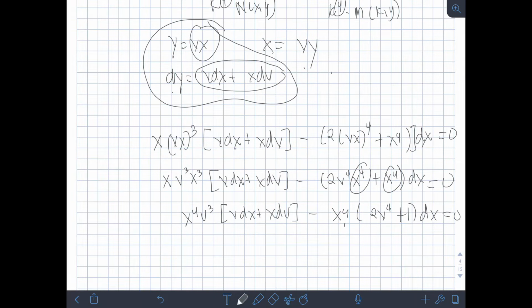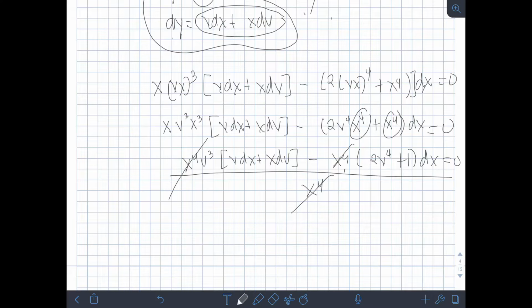So we can cancel this x to the fourth by dividing both sides by x to the fourth. So they cancel on the left side. So we get v cubed (v dx plus x dv) minus (2v to the fourth plus 1) dx equals 0.